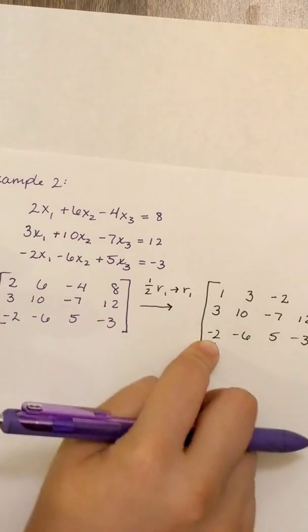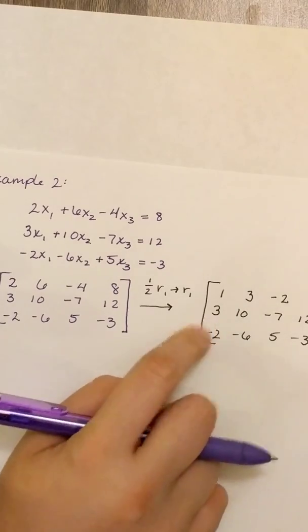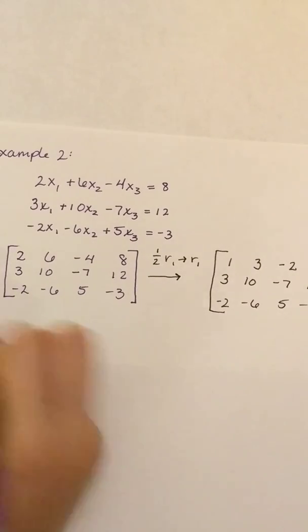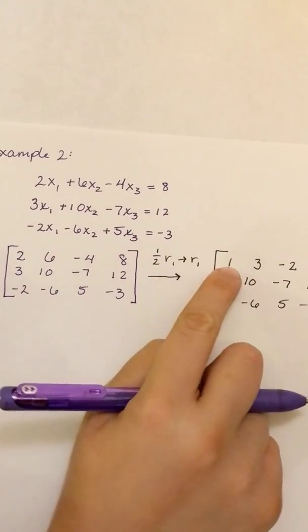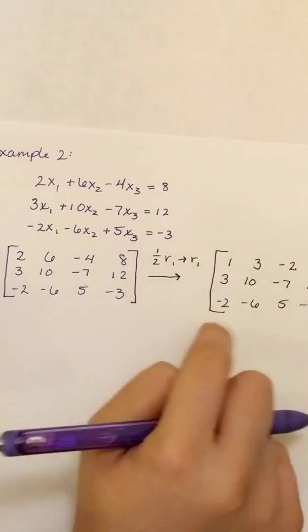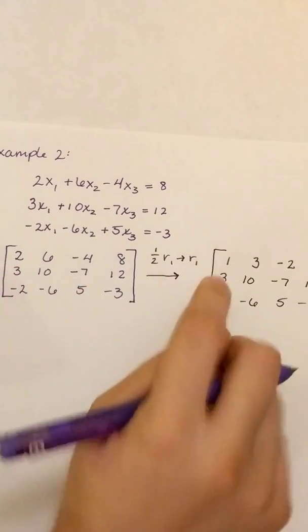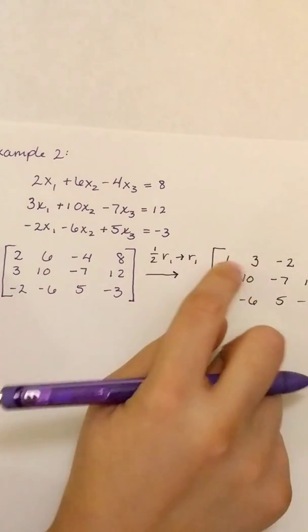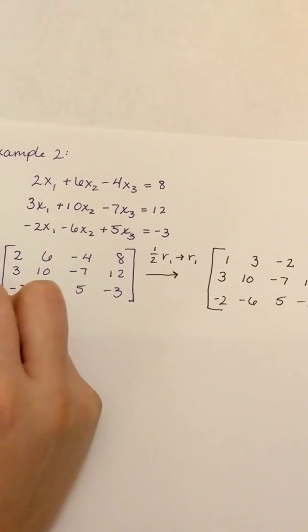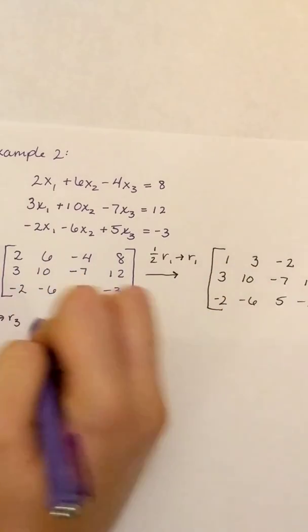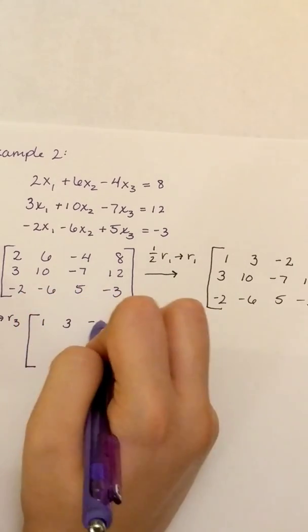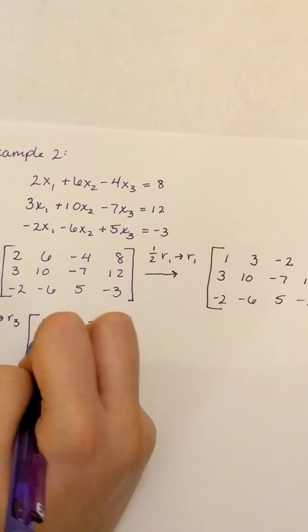So my first 0 needs to be in the bottom left corner. So the easiest is to use the first row because there's a 1. So I'm going to say 2 R1 plus, since they're opposite in sign, R3, and I'm placing that in R3. So the first two rows aren't changing.